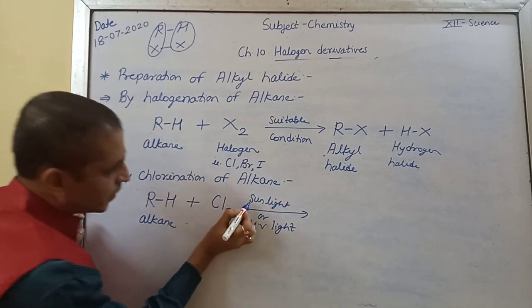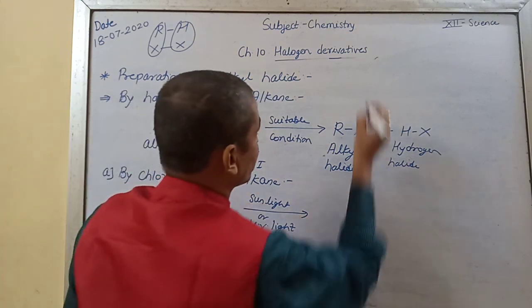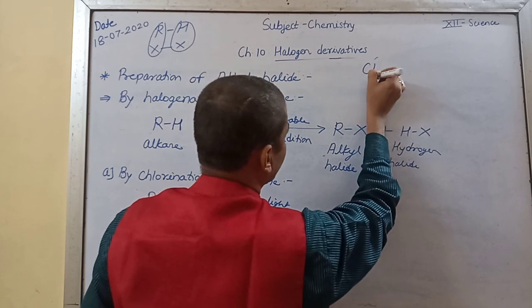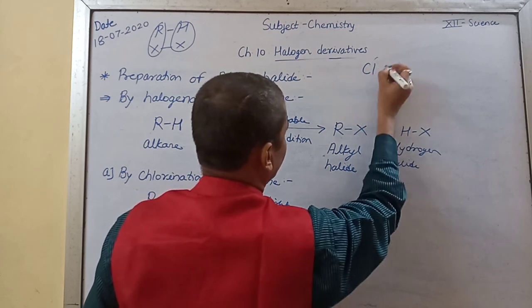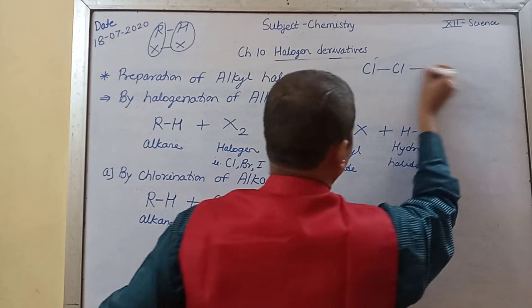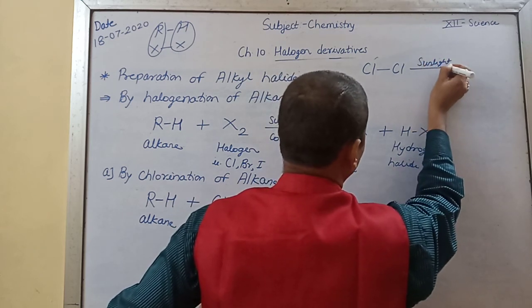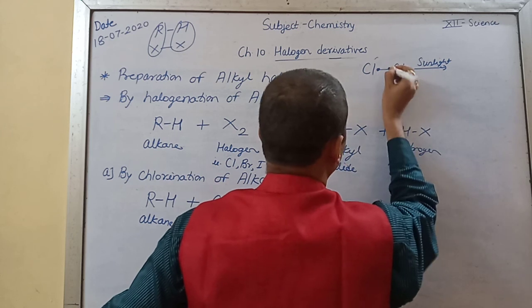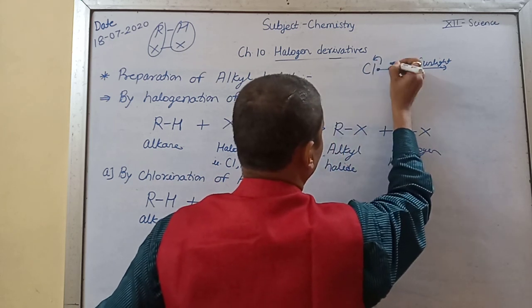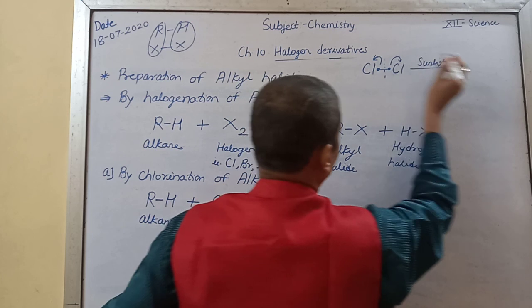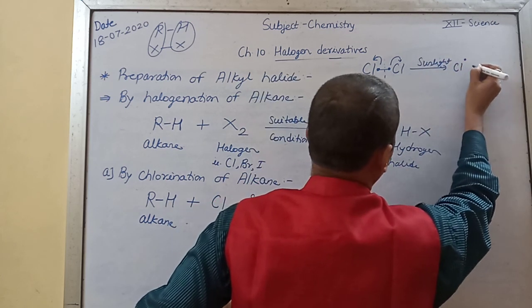See what happens. Sunlight breaks this chlorine-chlorine molecule. These are the two electrons. On breaking, each chlorine atom gets a single electron.